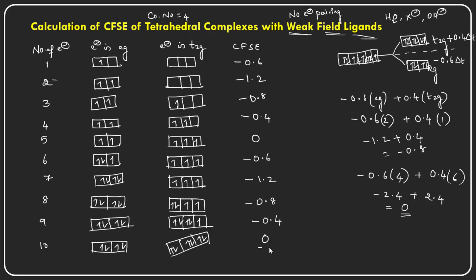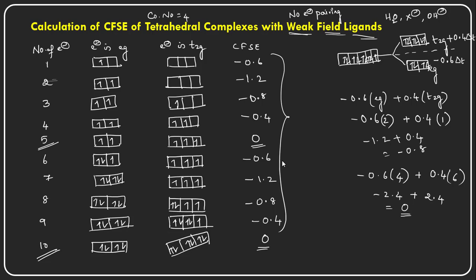So if you see here, the crystal field stabilization energy for the 5 electrons and 10 electrons is 0. So it is a minimum value, that is the 0 crystal field stabilization energy value. And if you see the remaining values, all the remaining values are minus only, right? Minus only.